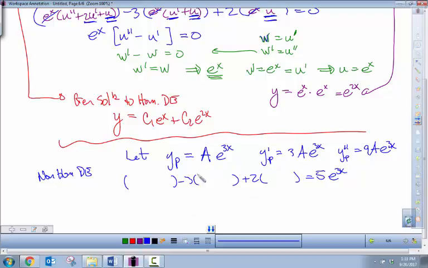So that's my DE. I'm going to put the y double prime in, and then the y prime in, and then the y in.